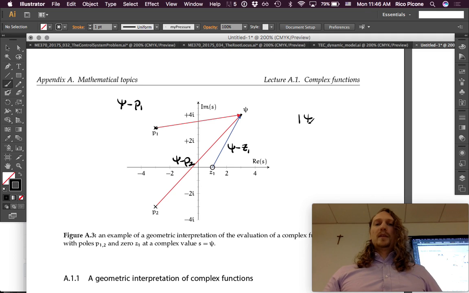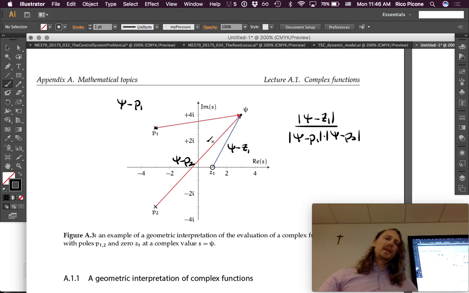So this one would be psi minus z1 divided by psi minus p1 times psi minus p2, right? And we could geometrically come up with these. Like p1 is at -3 plus j3, right? And then psi is at 3 plus j4.